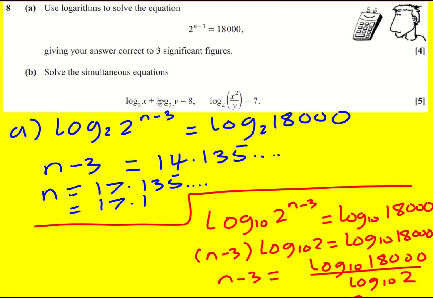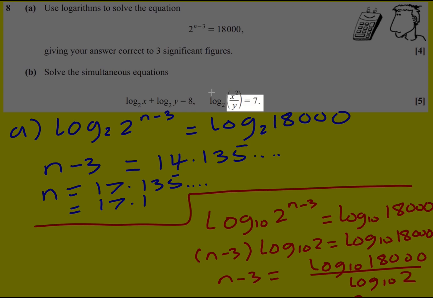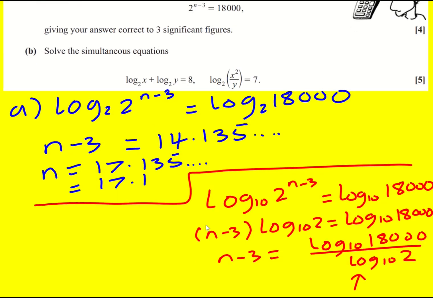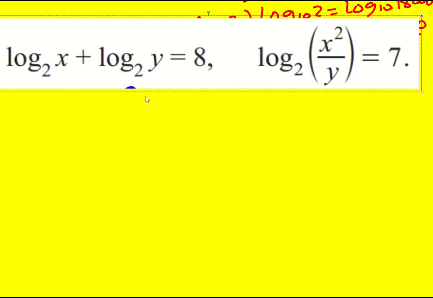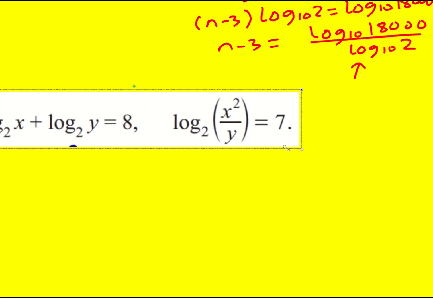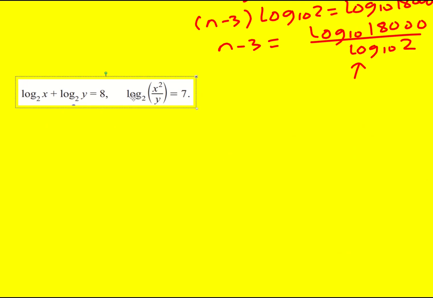Right, on to the main one, the one we've been looking forward to. Solve these simultaneous equations. Okay, so when you have simultaneous equations, you somehow have to combine them to get rid of one of the unknowns.